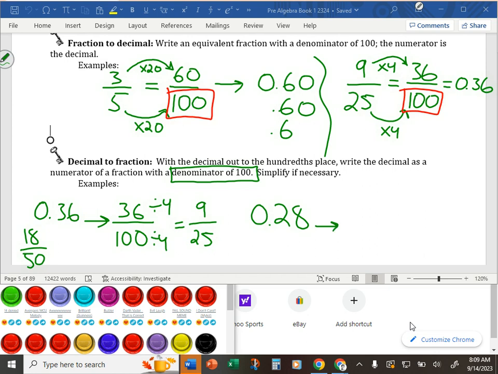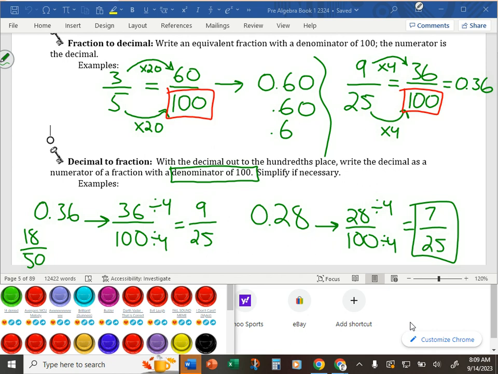Therefore, we can put that in fraction form as 28 hundredths, 28 over 100. Well, there's our fraction. What can we divide by? 8. 4. We can divide by 4 again. That was nifty. Divide by 4, and we get 7/25 as an answer. Okay?